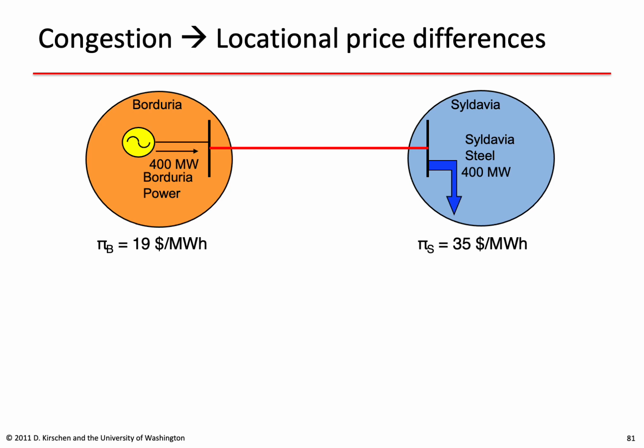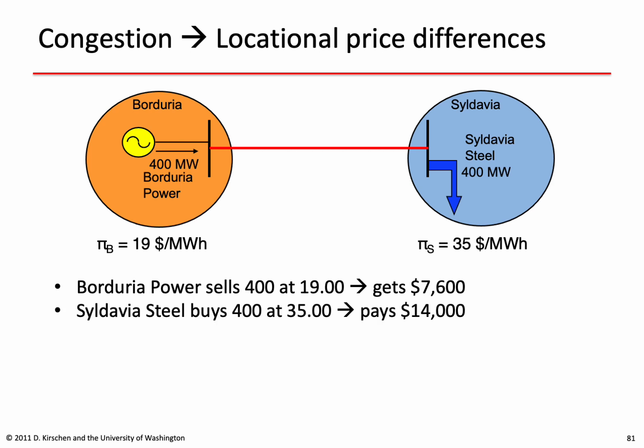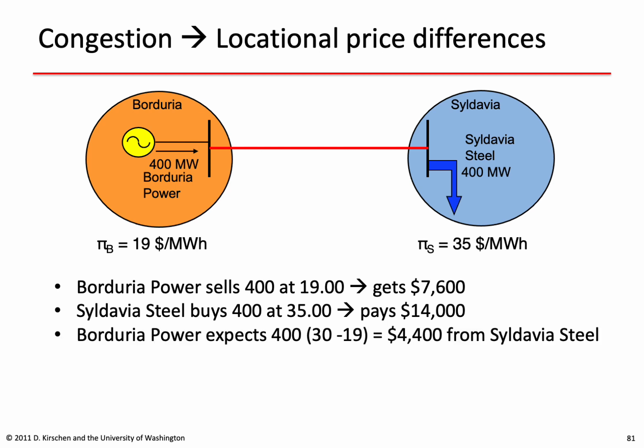What happens to the contract? Well, Borduria Power sells 400 at 19 and gets 7,600 from the centralized market. Syldavia Steel buys 400 at 35 and therefore pays $14,000 in the centralized market. Now, Borduria Power has this contract for difference with a strike price of 30 with Syldavia Steel.